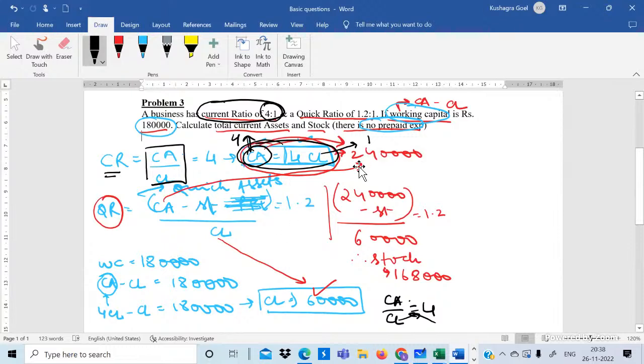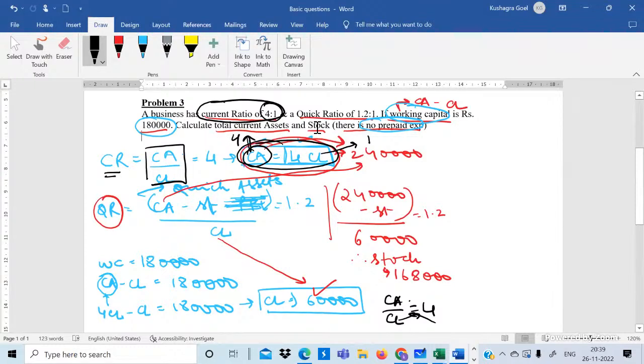So you get current assets of 2,40,000, current liability of 60,000, and stock of 1,68,000. Any doubt with this, anyone? Any questions?